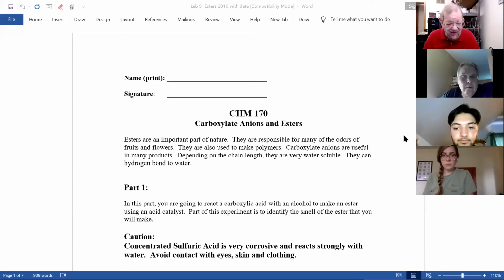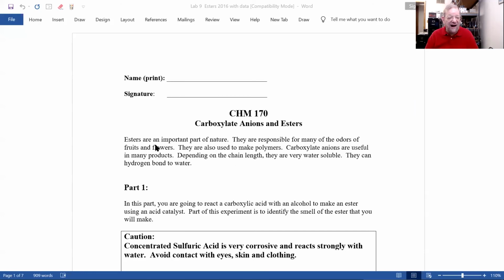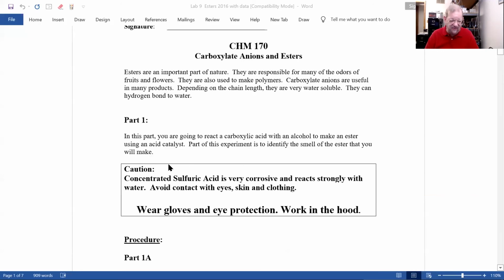Everybody see what's on the screen? Carboxylate, thank you. Now, esters are very important in nature. As I've said today, esters are responsible for the odors of many fruits and flowers, and they're also responsible, I don't have here, for the taste of many fruits and vegetables. They can be used to make polymers. The other thing I'll talk about today is carboxylate anions.